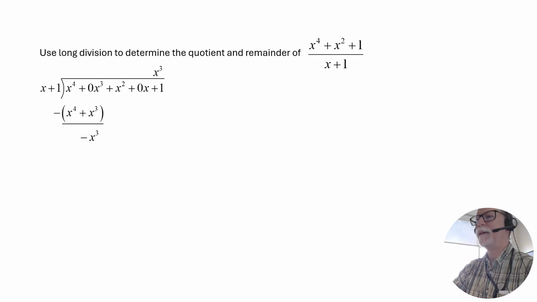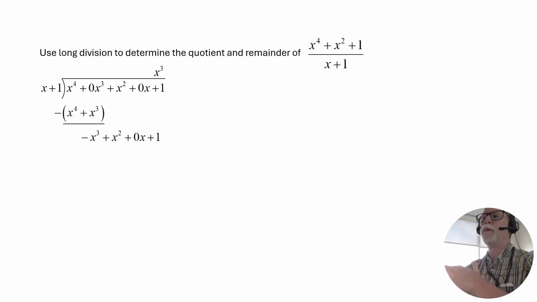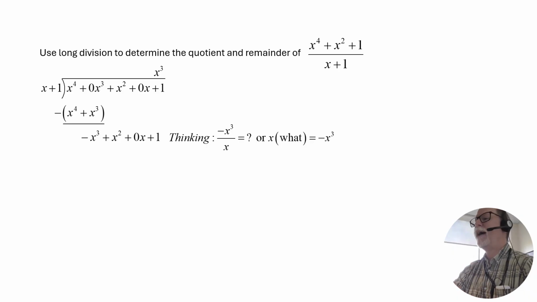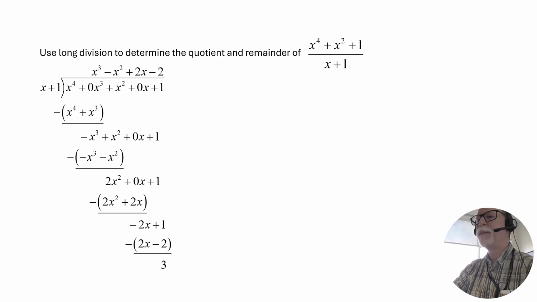Again, this is to help reduce mistakes that I see when students don't bring the terms down. So bring them all down, repeat the process. So now we are using the leading terms again with that thinking idea and finish it off. So rinse and repeat all the way down like that.